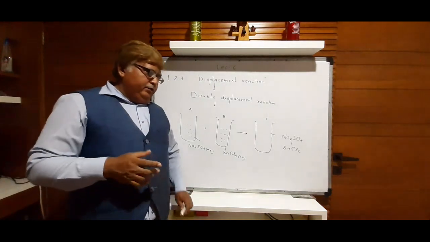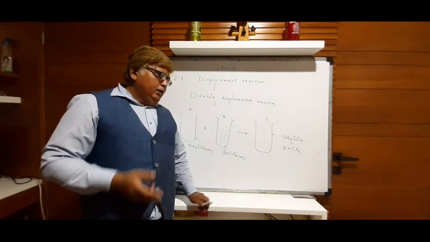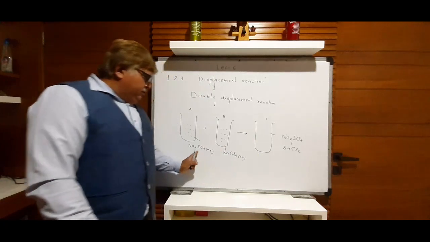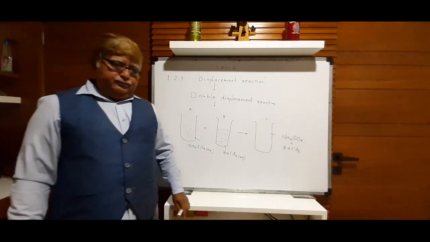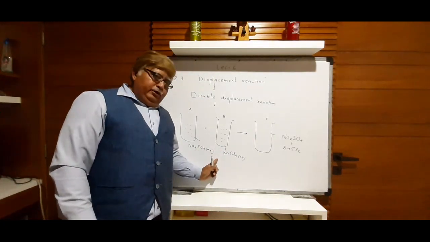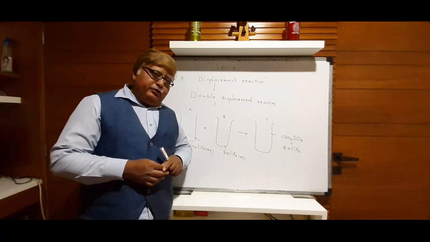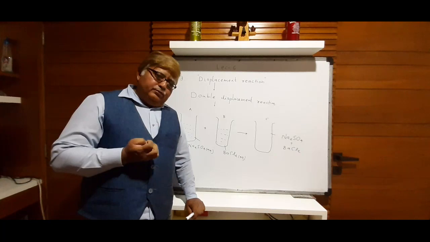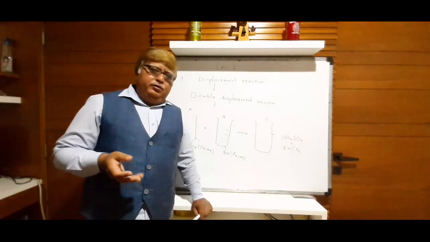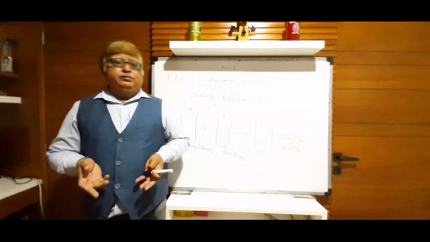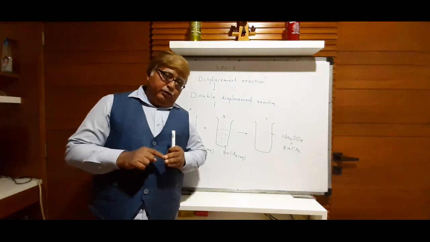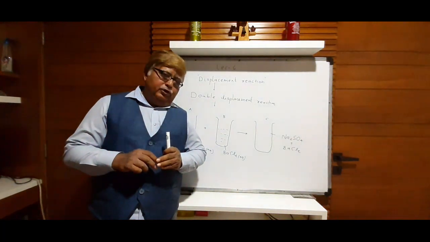After both solutions, sodium sulfate and barium chloride, are taken in this third test tube C, wait for at least 15 to 20 minutes. Just wait and be watchful and observe what happens.